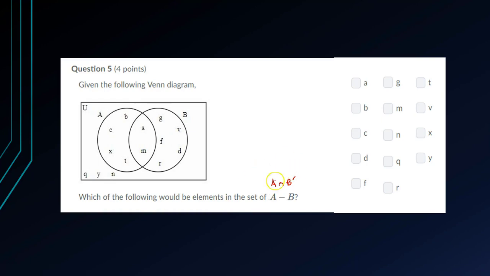So I'm looking for things that are in A, so I'm over here, but I want to get rid of anything that does appear in B. So my shaded region, the region I'm looking at, is this part right here, the part that's in A, but none of it going into B. So B, C, X, and T are the letters that are in that set, defined by A minus B.